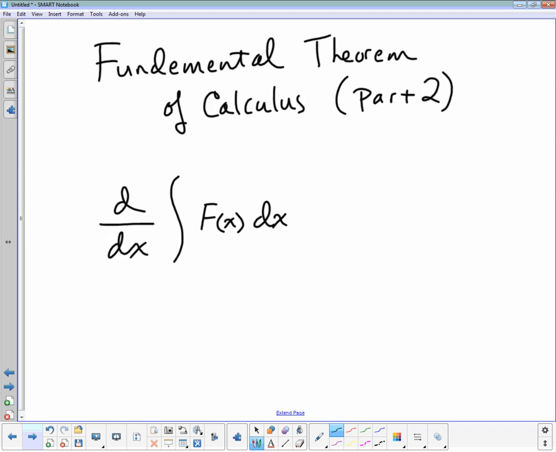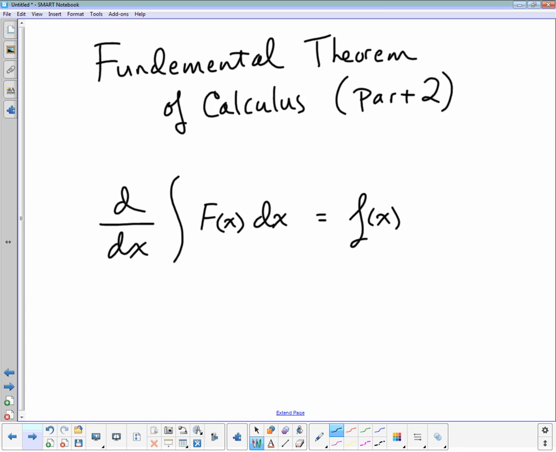So if I take the derivative of an integral, I get the function back. Nothing too fantastic or funny.